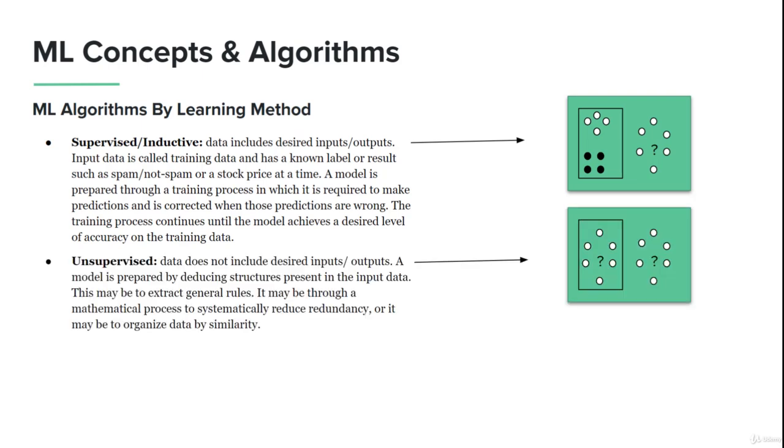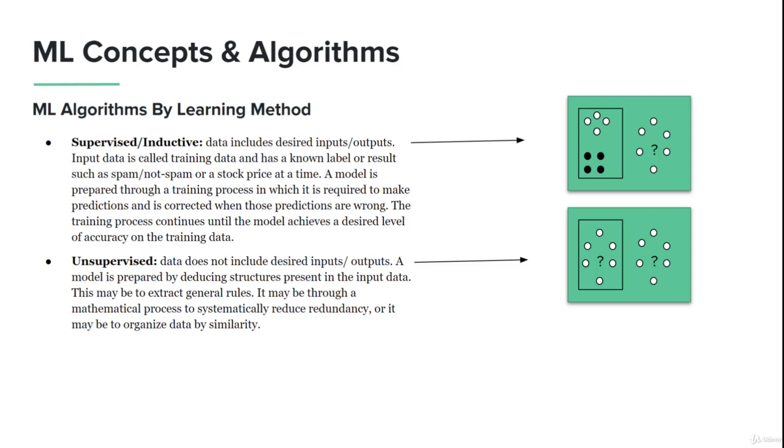And then we have the unsupervised. This is where the data does not include a desired input and output, right? The supervised learning method has the actual inputs and outputs, right? With the unsupervised, we don't have any of that, so we're essentially working with something from scratch, right?